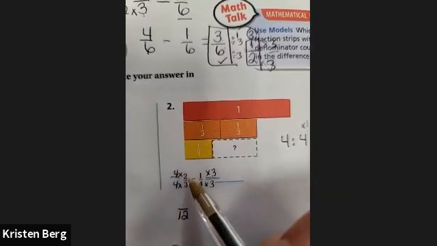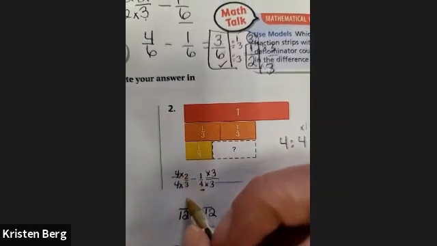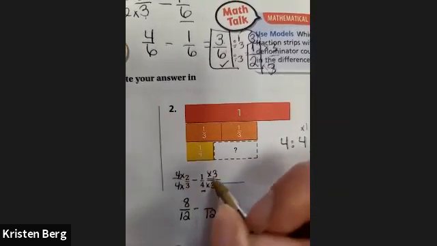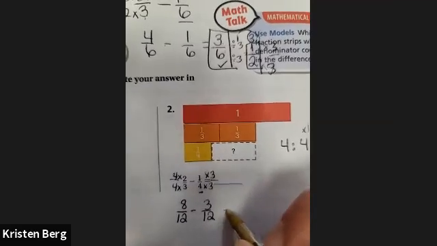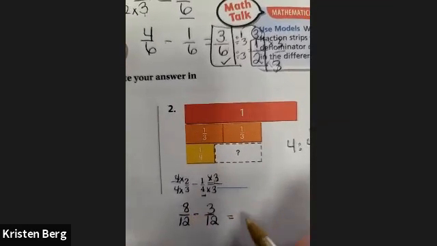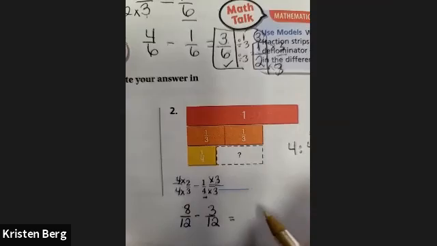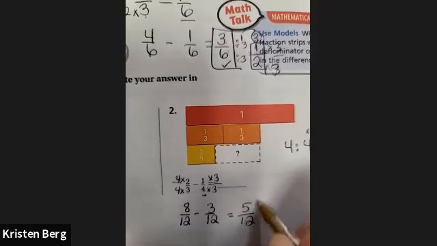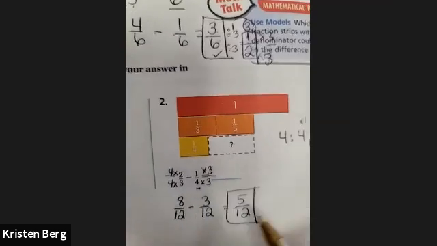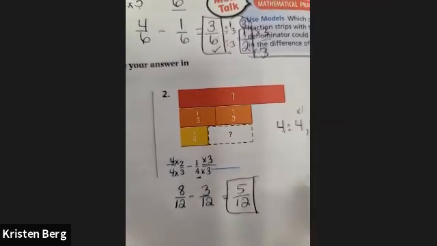So 4 times 2 is 8. And then this one, 3 times 1 is 3. So now what is 8 minus 3? It is 5 over, our denominator still remains the same because there's only 12 slices here. So that would be 5 twelfths.